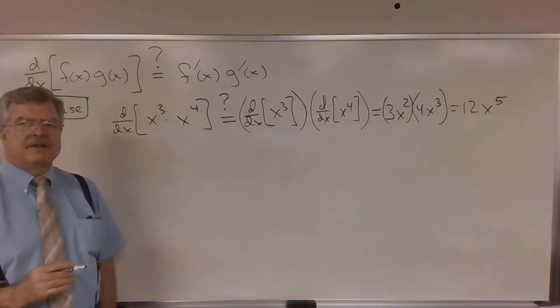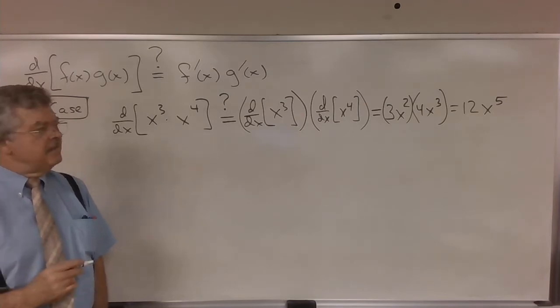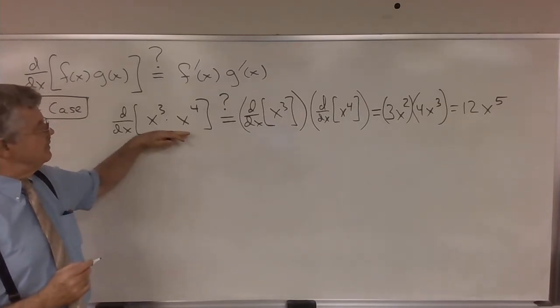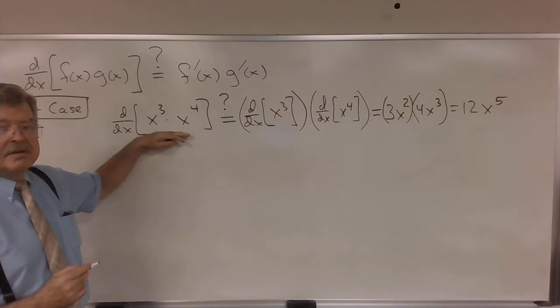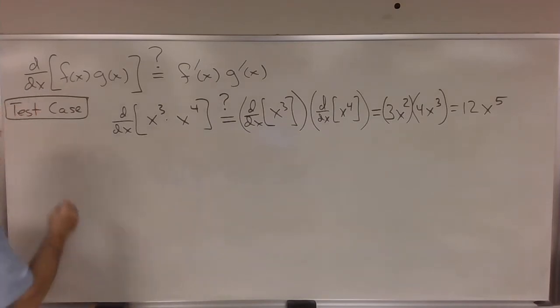I guess the question is, how do we verify the conjecture? Maybe if we can compute the derivative of this expression, but do it a different way. We'll do it a way that we already know works, okay?